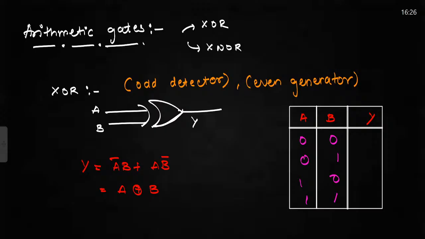So what is my XOR output? 0, 0 will give me 0. Substitute here. 0 and 1 will give me 1. 1 and 0 will give me 1. So when you observe this truth table here, my output is high when I'm having an odd number of ones. So that is why we call this an odd detector.